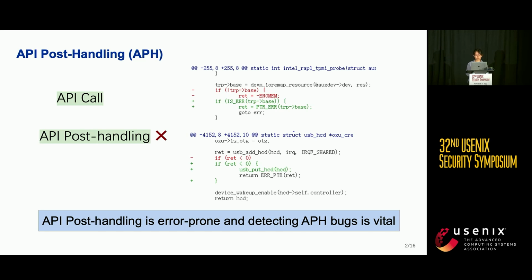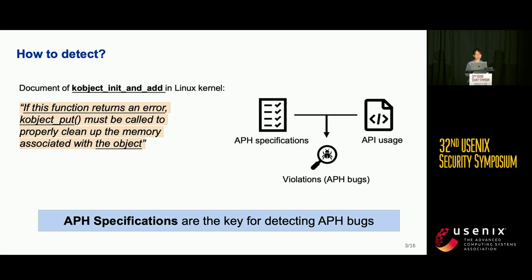The figure shows two patches for APH bugs, fixing an improper error check and a missing resource release after an API call. So how can we detect these bugs? The common way is referring to the API document, which describes the API usage specification. For instance, the document of kobject_init_and_add, an API in the Linux kernel, describes how to perform post handling for this API.